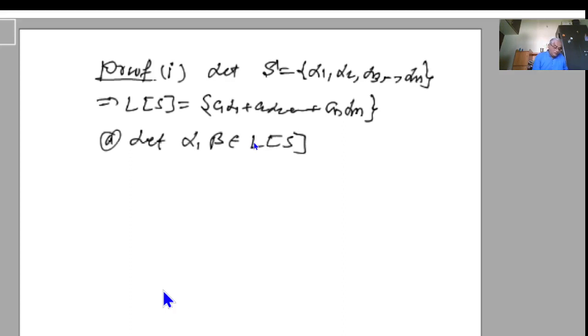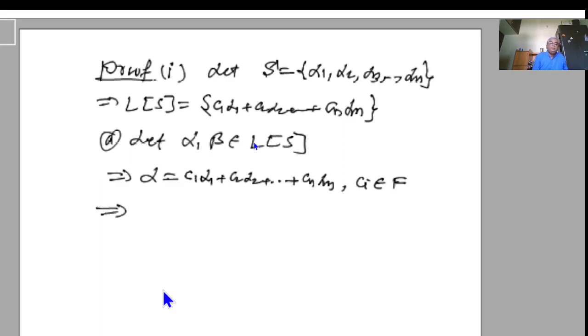Now, alpha belongs to L of S means alpha is nothing but a linear combination of the elements of S. That is, alpha must be of this form, say C1 alpha 1 plus C2 alpha 2 plus up to Cn alpha n, where C1, C2, C3 belong to F. Right?